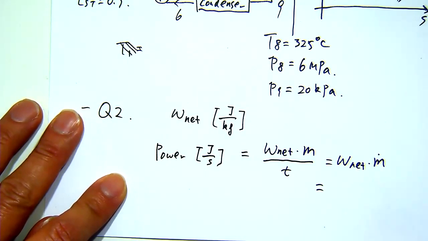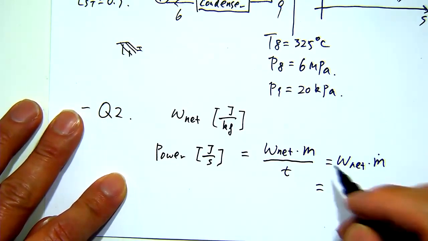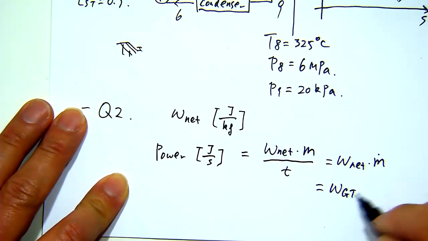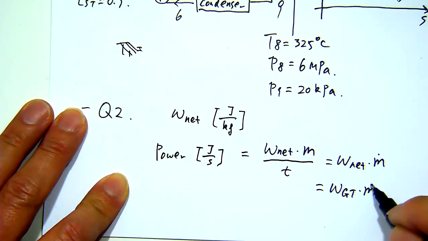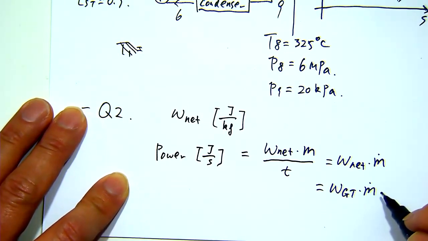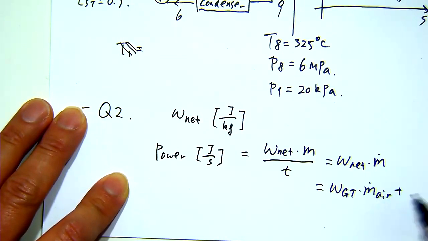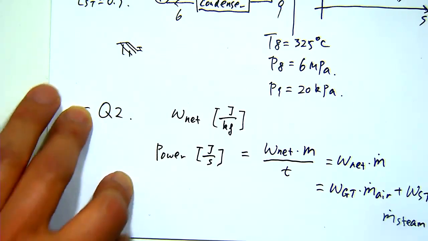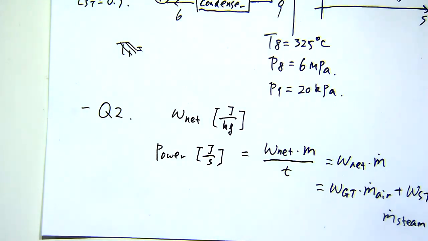But here we have two cycles, which means the work coming from the gas turbine cycle is W_GT times the mass flow rate of the working fluid of the gas turbine cycle, which is air. And then we have the steam turbine output, W_ST times the mass flow rate of the working fluid there, which is steam.